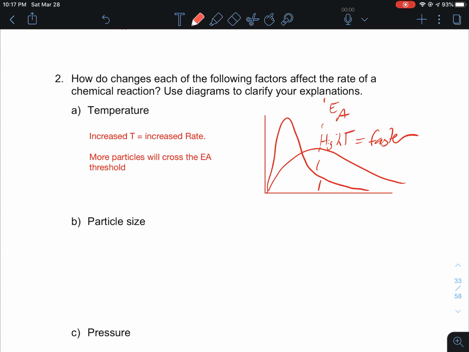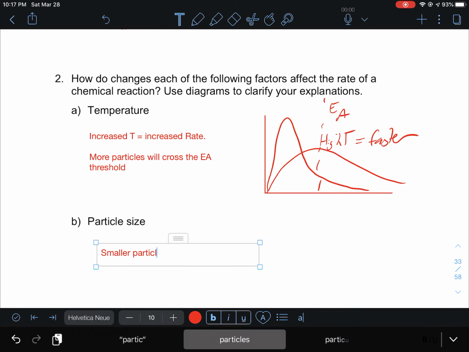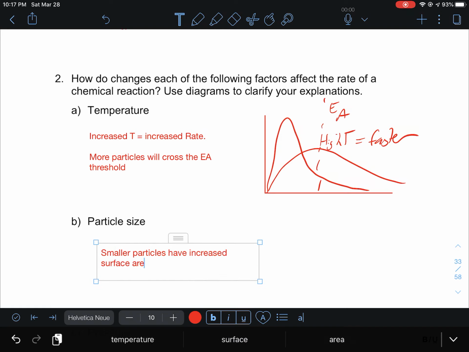Okay, particle size. Smaller particles have increased surface area and more possible correct orientations for reaction.